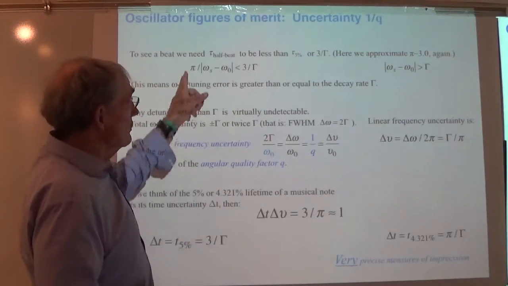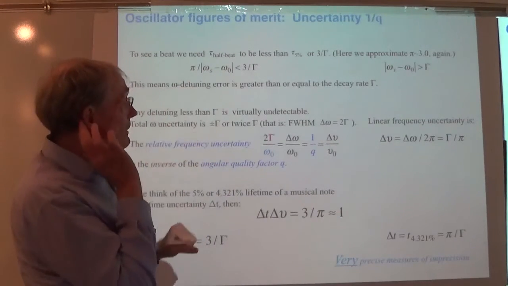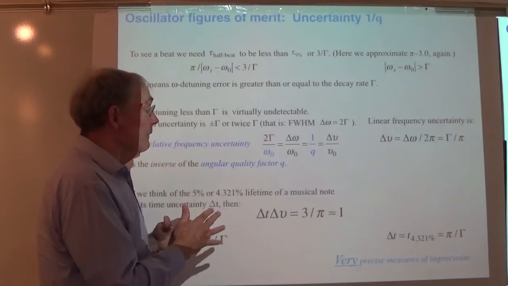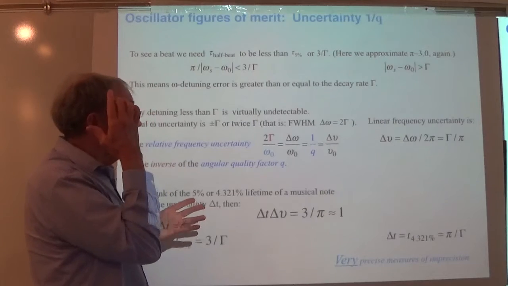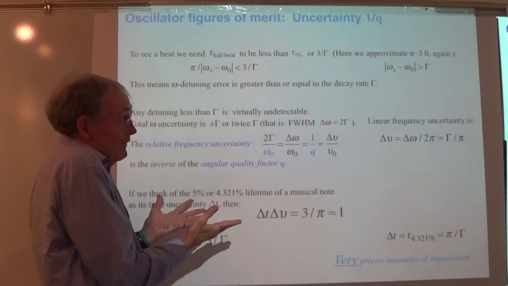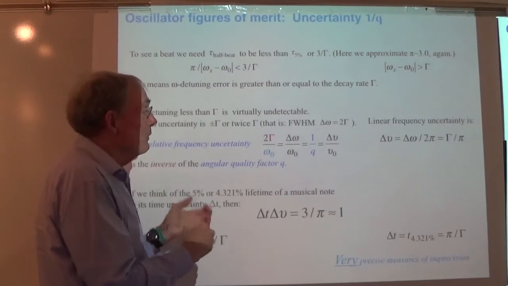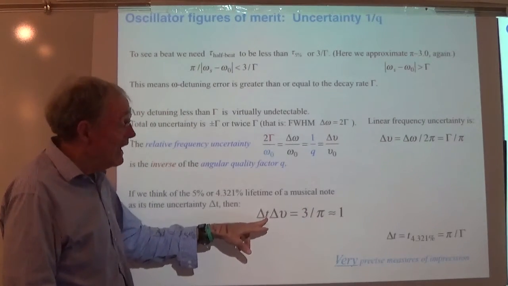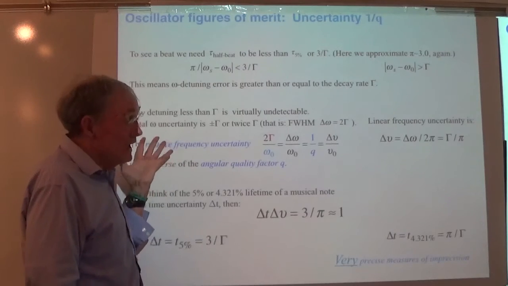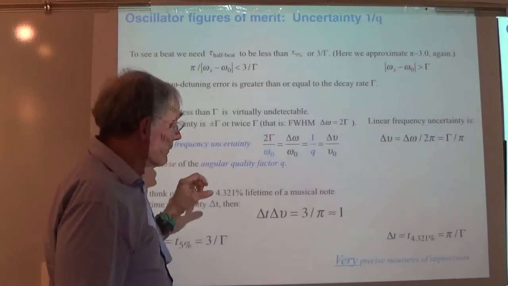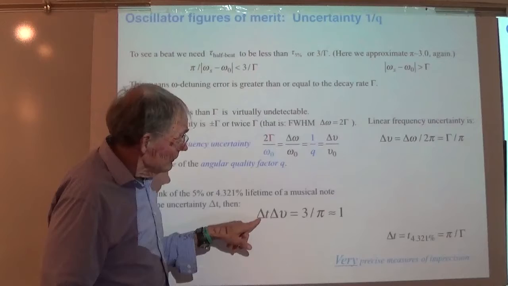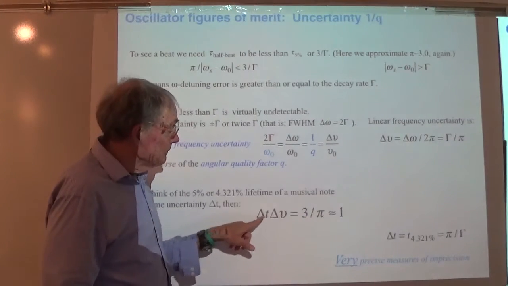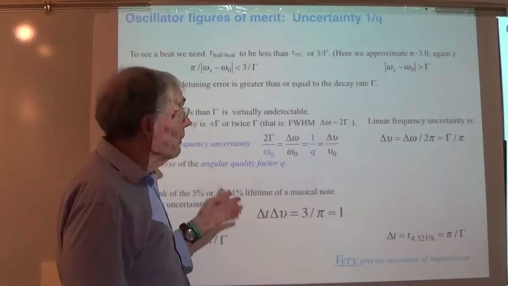So that's what we're talking about here: when you make your delta omega big, you're not going to be able to measure the frequency very accurately. So this boils down to a relationship which is just the product of the amount of time you've got during the lifetime, where gamma is going to affect you and make that smaller as you have higher gamma, and your delta nu, the product of those two, is 3 over pi.